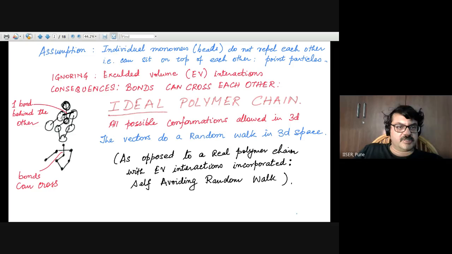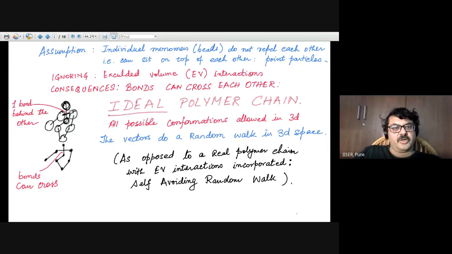So suppose this was a schematic representation of a polymer chain, and suppose Z direction is the vector pointing into the screen, and suppose that this bond was behind, in the negative direction, into the screen, right?